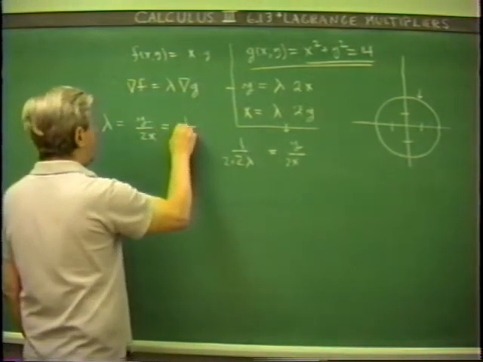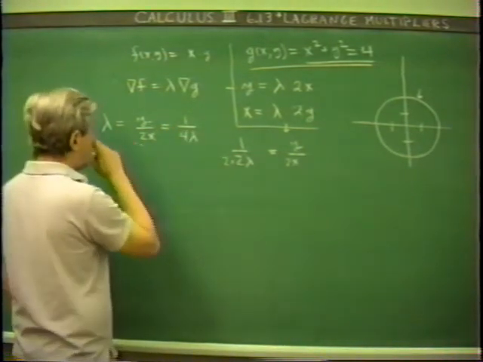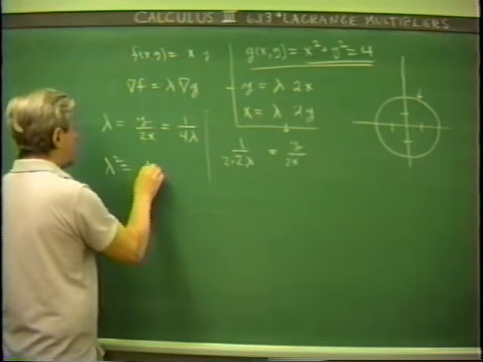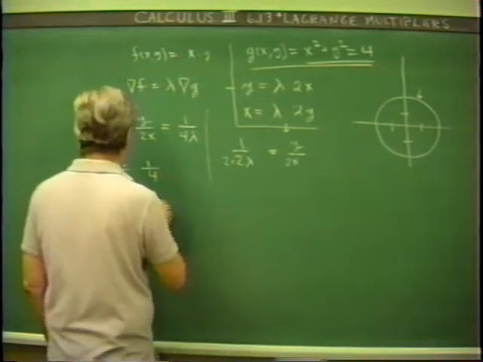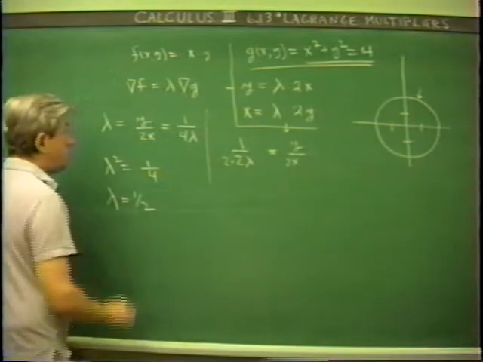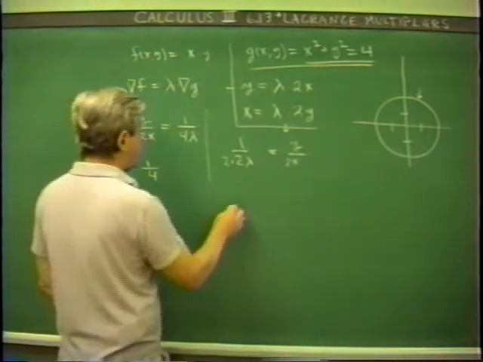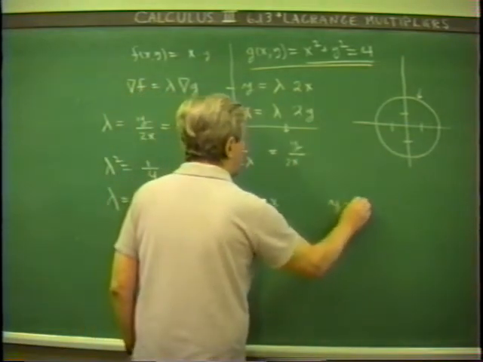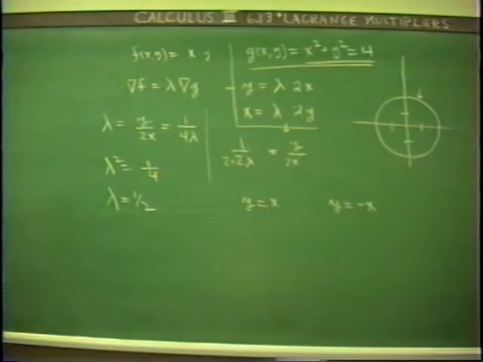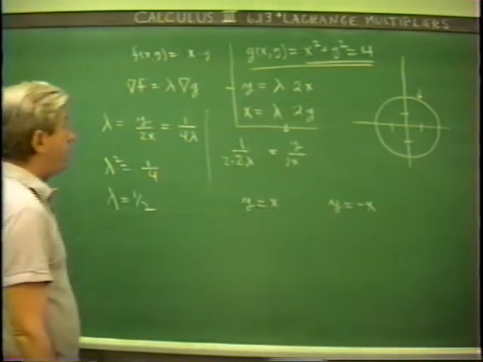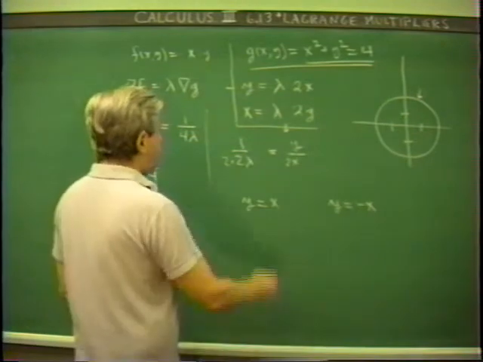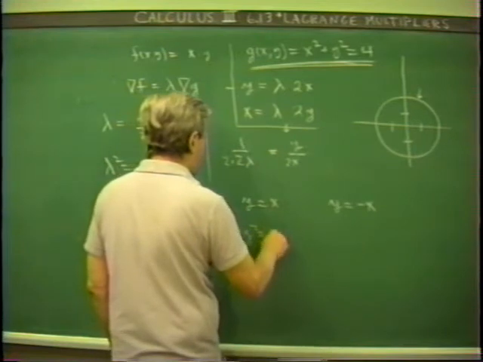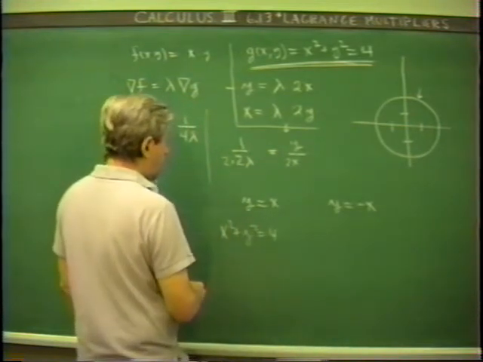So that y over 2x is going to be equal to 1 over 4 lambda. So we get 1 over 4 lambda is equal to lambda, and so we get lambda squared is a quarter, or lambda is a half. So this gives us then y equals x, or y equals minus x, as possible places where maximum and minimum occur.